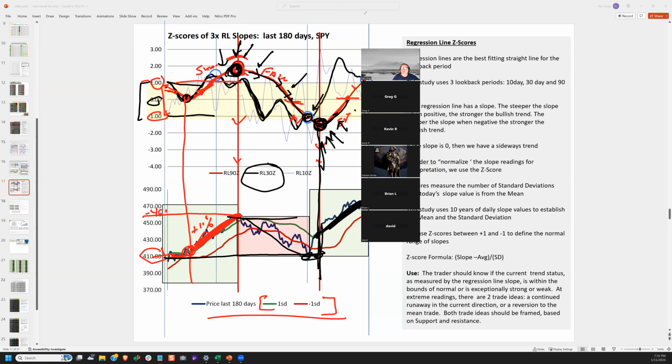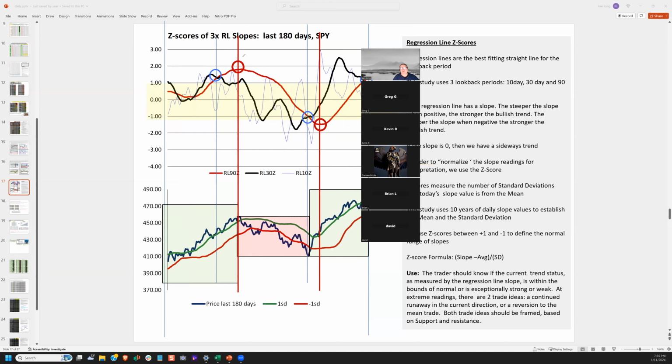Now, if you compare this main signal, the confirmation signal of the turning point in the RL90, you'll notice that prior to that, you have a P1 where the RL30 z-score crosses from below to above the slope of the 90. And it peaks right here and then rolls over.